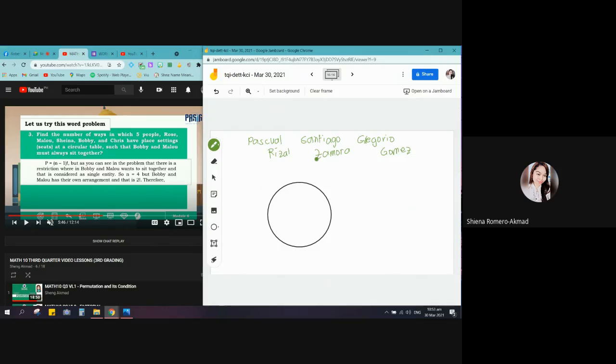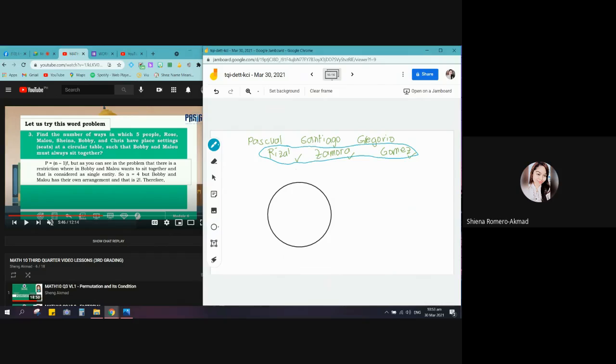But Rizal, Zamora, and Gomez wanted to sit together. So if they want to sit together, we will consider them as 1.